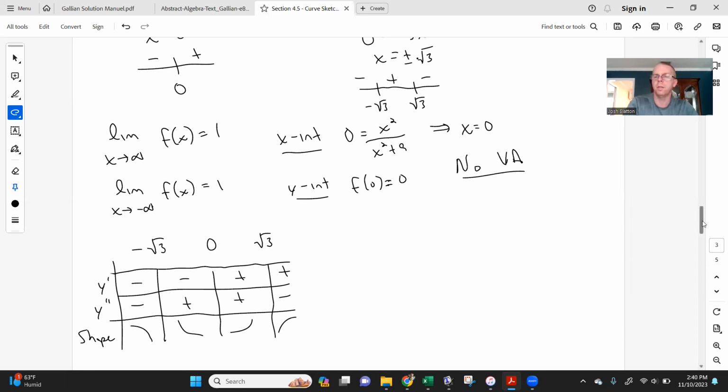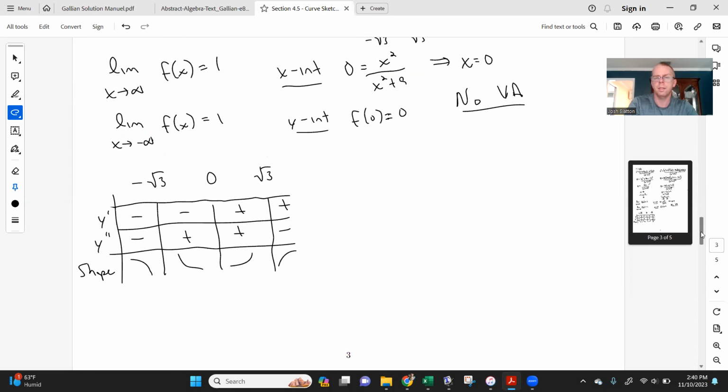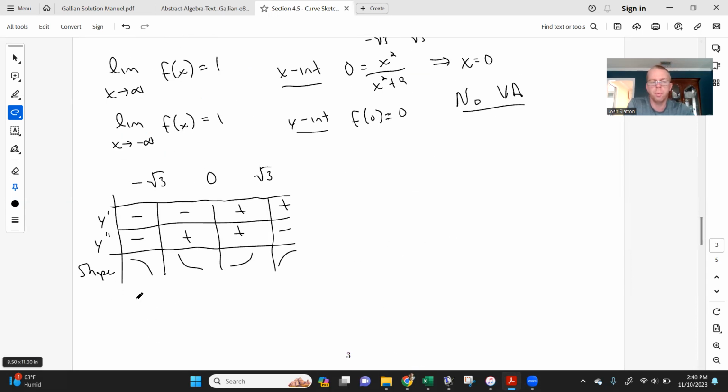All right, and then we could get the values at these points. So we plug in negative square root 3, and we get 1/4. We plug in 0, we get 0. We plug in square root 3, we get 1/4. I would say that's not too important on this one because we're pretty limited in where we're going to go.